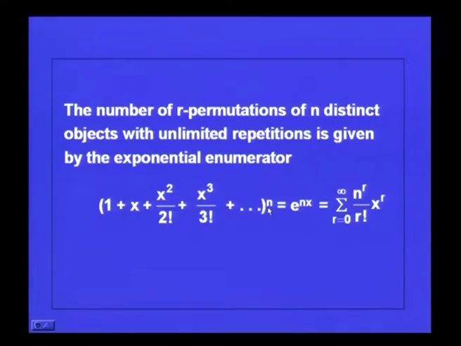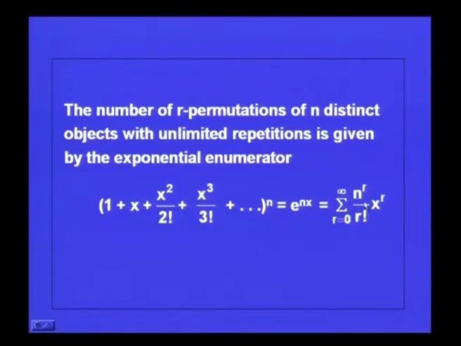So, this power n, but we know that the closed form expression for this is e power x. So, you have e power x into n or e power nx, and the coefficient of x power r in this is given by n power r by r factorial. E power nx you can write as sigma r is equal to 0 to infinity n power r by r factorial into x power r.